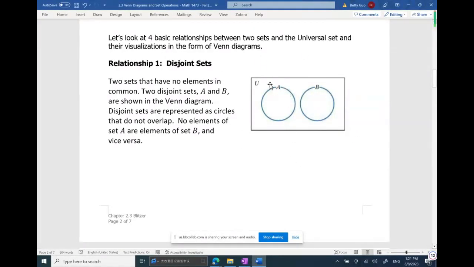In this box, we have two circles, and they represent two different sets, A and B. As you can see, A and B have no common elements. They do not overlap. When that happens, we say set A and set B are disjoint. Disjoint means do not overlap.